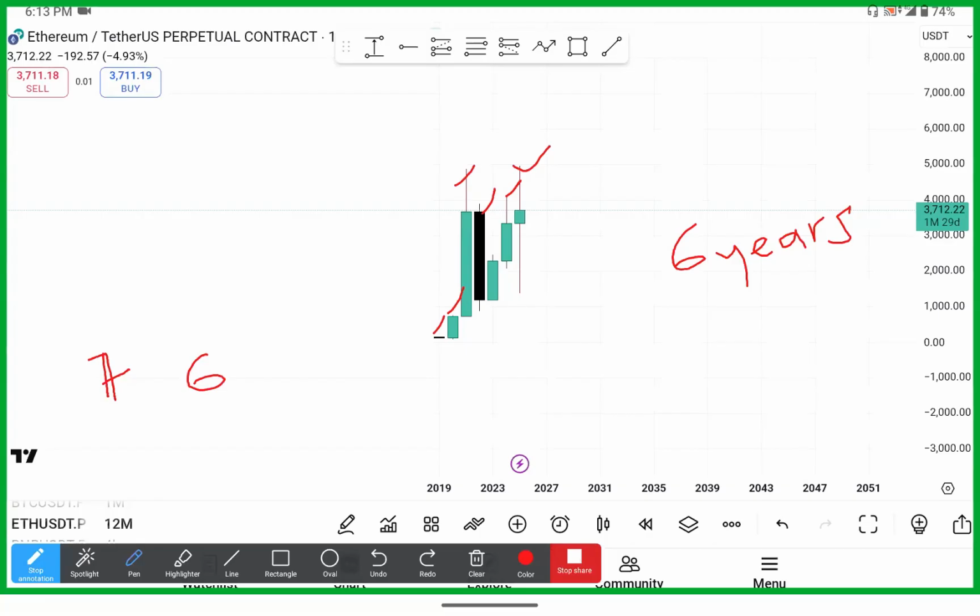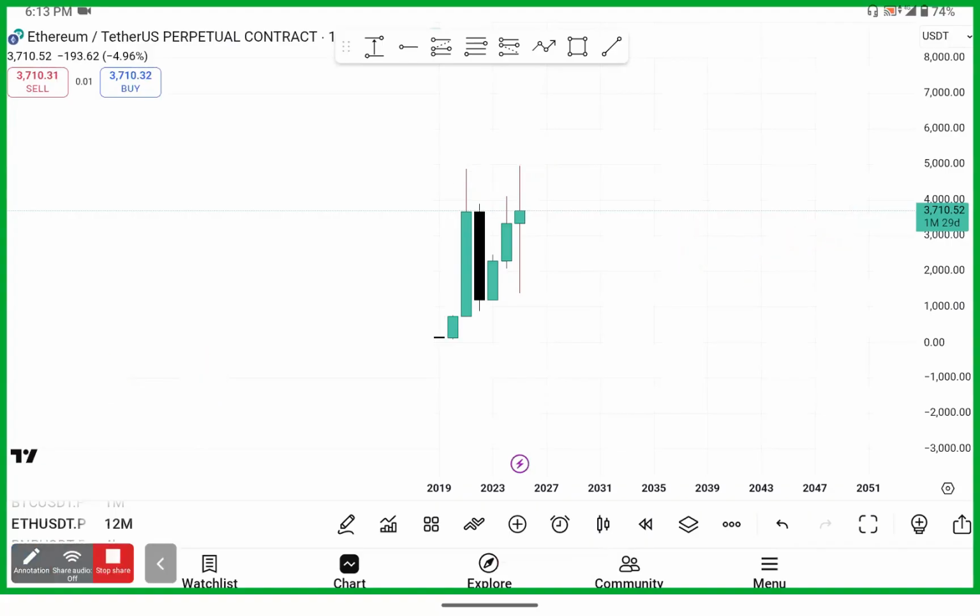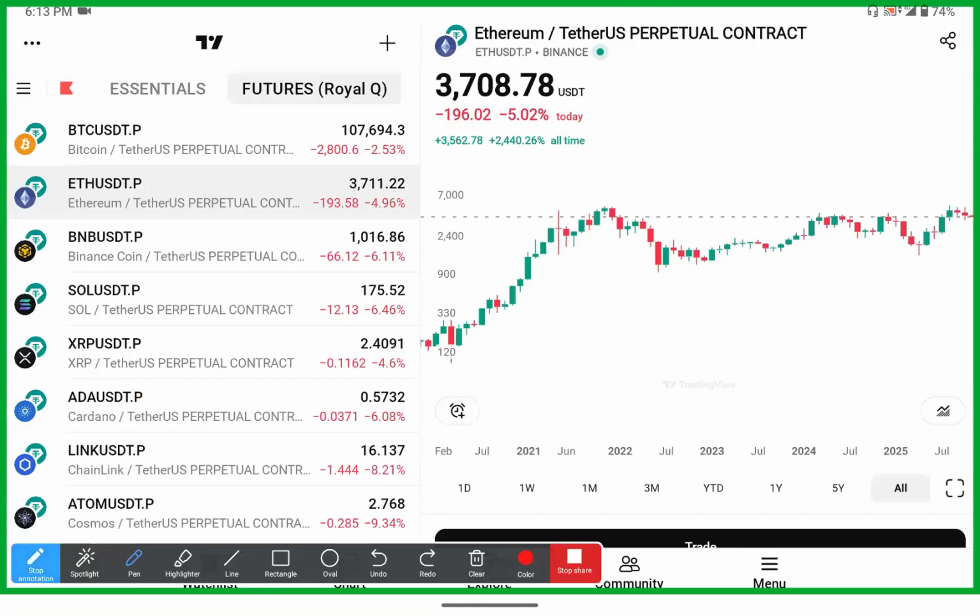So that's why when you are going to trade futures, you should always be careful with the asset. I hope you see here every coin that I've listed, it has the symbol P.